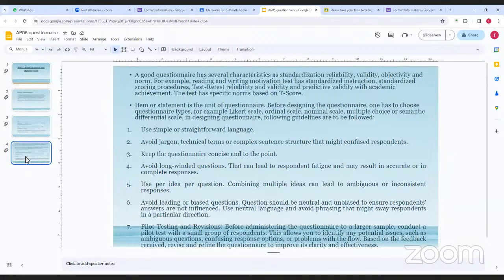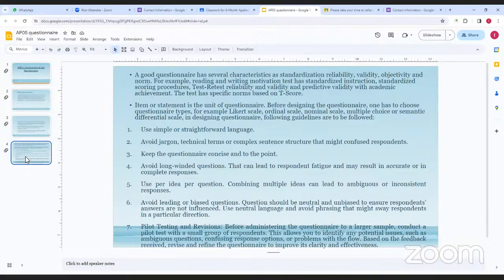Pilot testing and revision. Before administering the questionnaire to the large sample, conduct a pilot test with a small group of respondents. This allows you to identify any potential issues such as ambiguous questions, confusing response options, missing data, or problems with the flow.